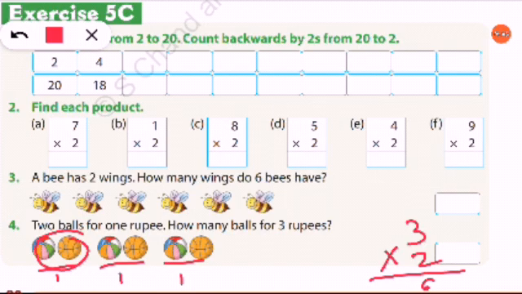In 1 rupee 2 balls are coming, so in the next 1 rupee 2 will come, and in the next 1 rupee 2 will come. So how many balls will we have in total in 3 rupees? Counting 1 1 1, we got 3 rupees. So in 1 rupee 2 balls are coming, so in 3 rupees it is 3 into 2 or 2 into 3, equal to 6 balls. Okay, hope you have understood this.